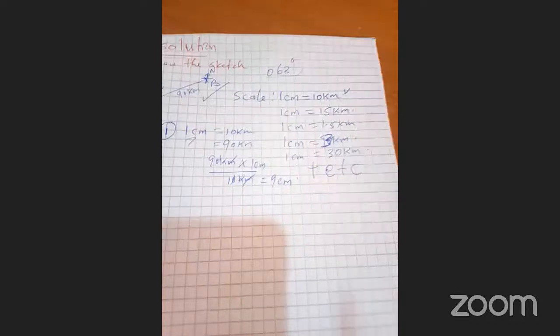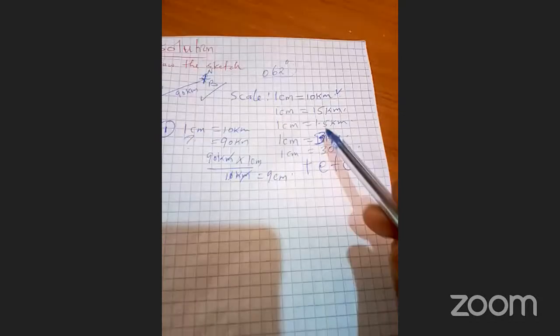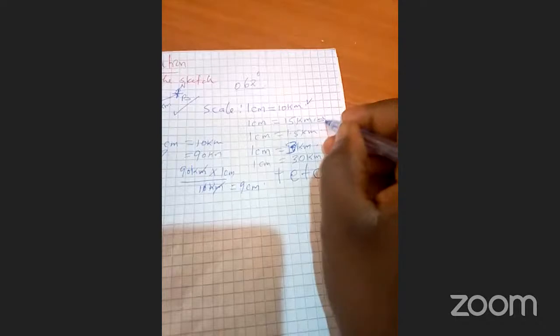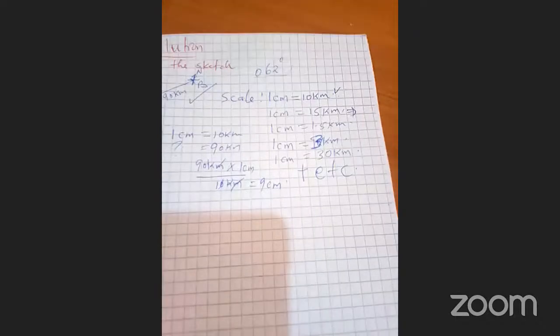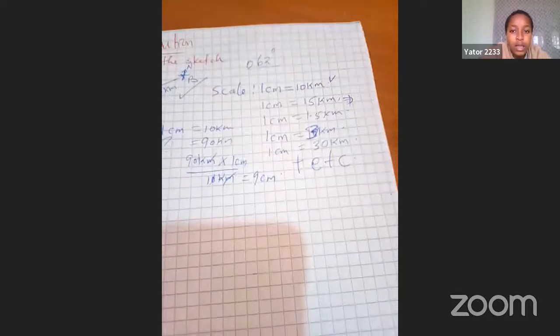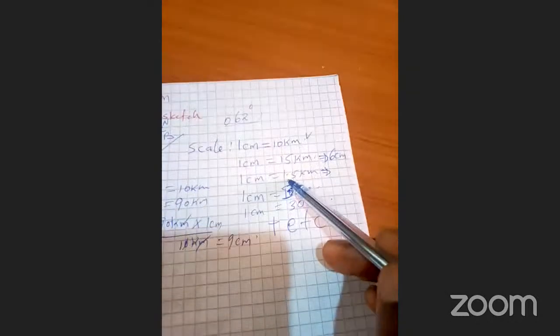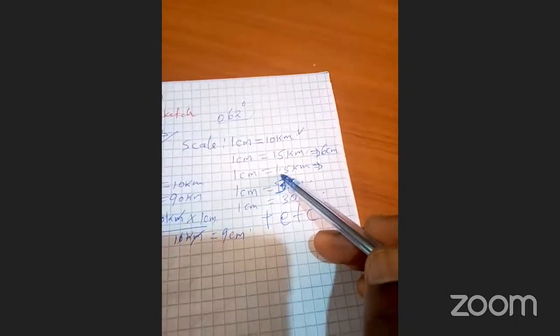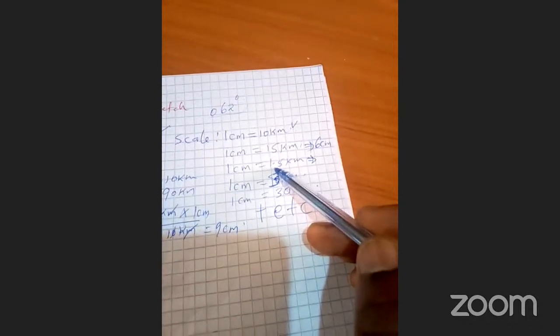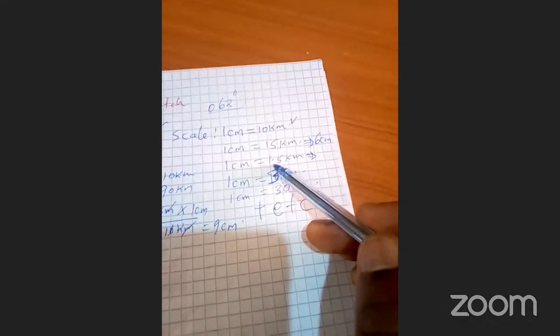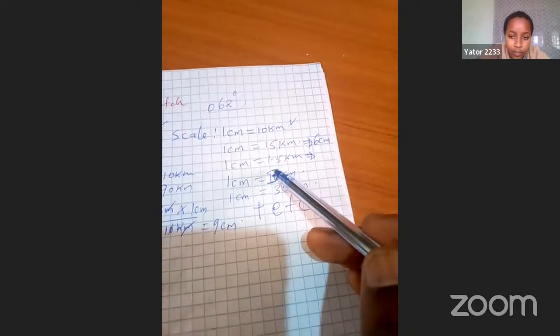So let us convert this second one, 1 centimeter to represent 15 kilometers. How many centimeters does this give us, girls? Do that conversion for me and get me the answer. The second one is 6 centimeters. Now, the third one, 1 centimeter to represent 1.5 kilometers, gives us how many centimeters? 60 centimeters.